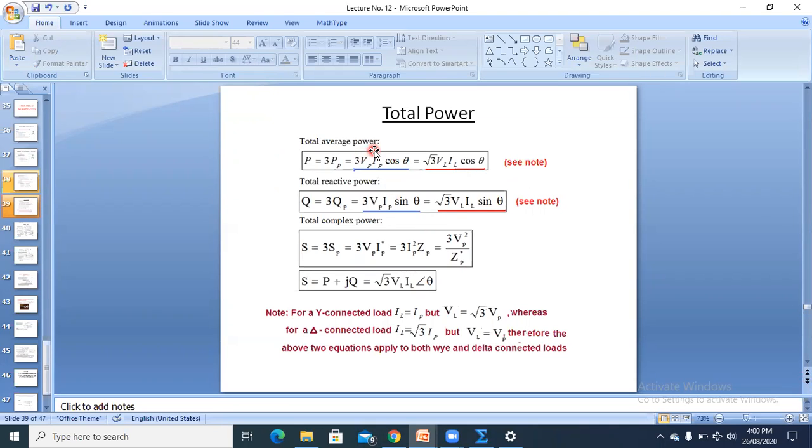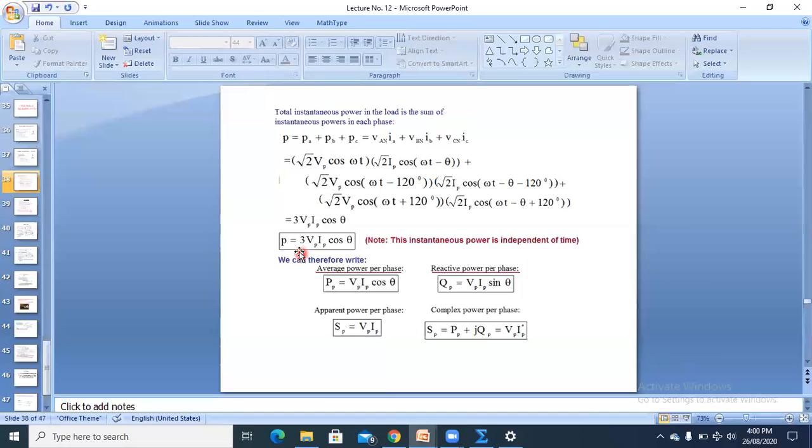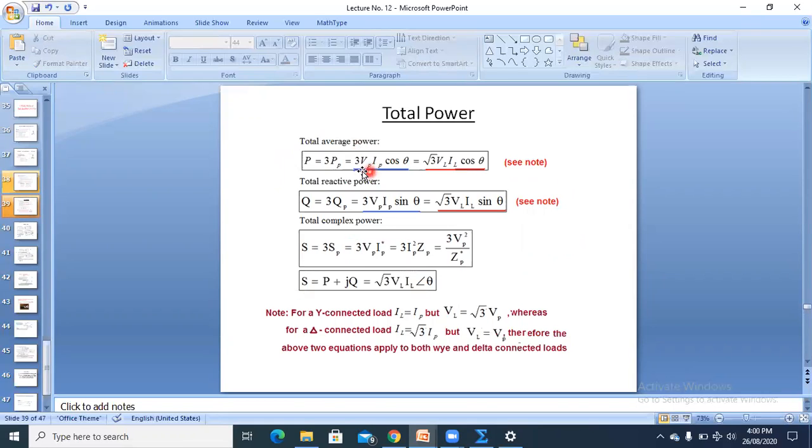Now the total average power is the same as we have calculated in the system here. So this is the real power or the average power. And what about the reactive power?